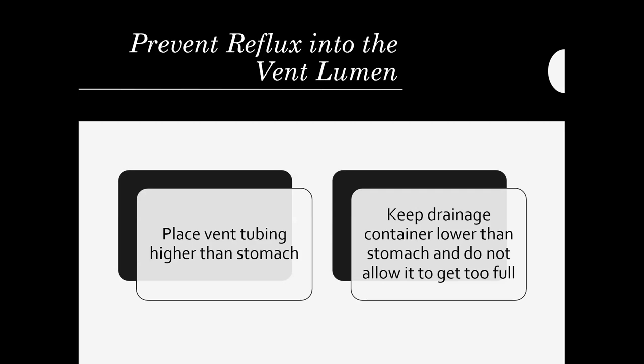But just keeping it up above the level of the stomach is going to help with that. And then keeping the drainage container, so that canister, lower than the stomach, and make sure it doesn't get too full. So if your patient is draining a lot of stuff out of their stomach and it's getting full, once it gets full, it's not going to suction anymore. Okay, so then that could cause some backflow.